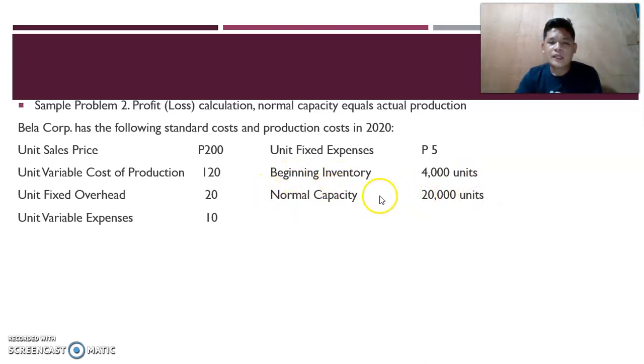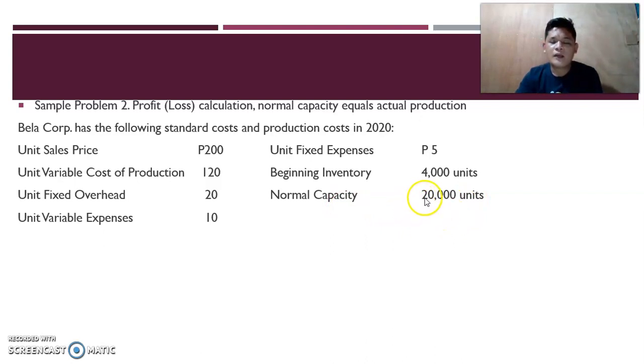Itong normal capacity class, let's say for example, si Bella Corporation, ito yung normal na nagagawa niya. Naintindihan? During sa isang taon, 20,000 units yung nagagawa niya. That is the normal. Pero how about for this 2020, naging 19,000 lang yung nagawa niya. So, unfavorable yun for the company. Kasi nga, ito dapat yung gagawin niya, 20,000, pero bakit 19,000 lang?